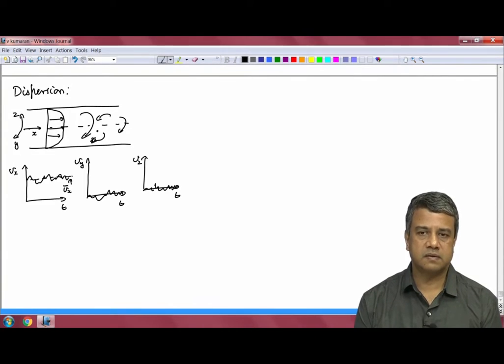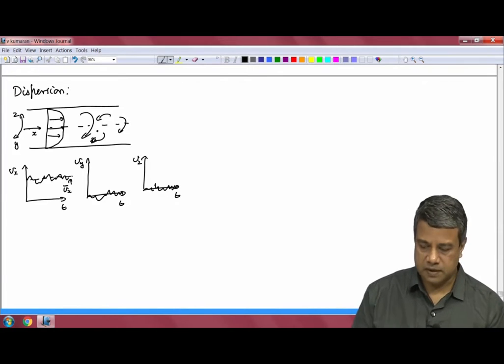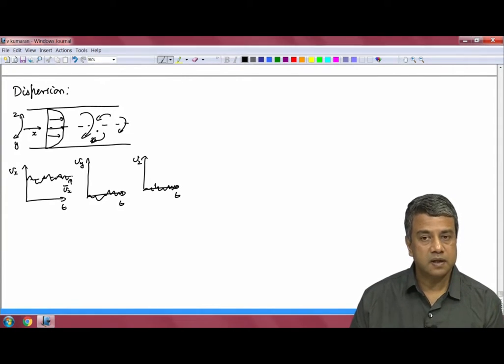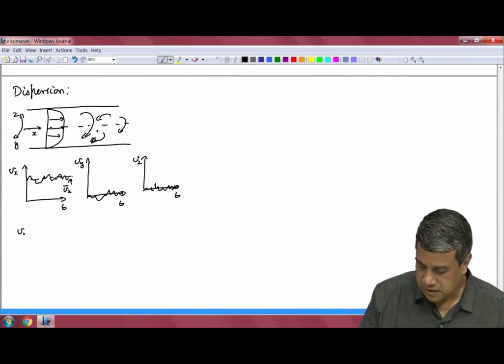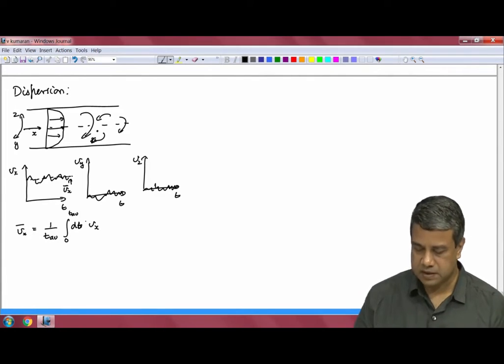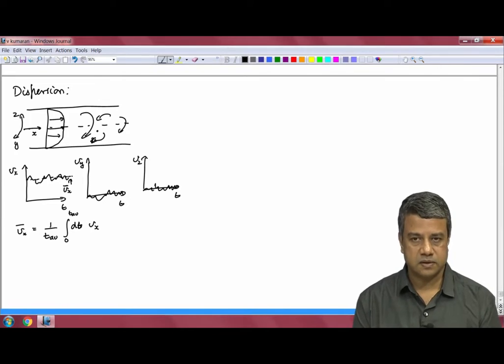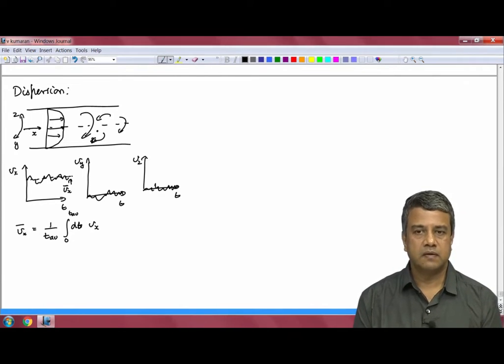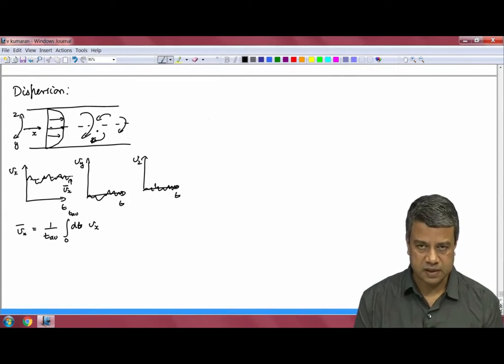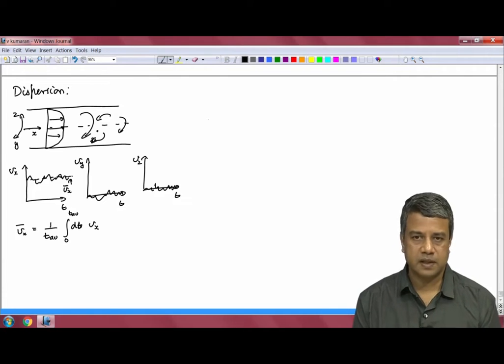In a turbulent flow, these fluctuations are comparable to the mean value. How do I define the mean value? Vx bar is 1 over an averaging time times the integral from 0 to t average dt times Vx. That is, I take the integral of Vx with respect to time for a time period TAV, and I divide by TAV to get the mean velocity.